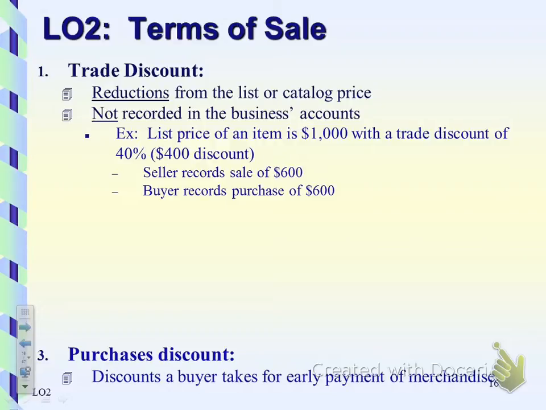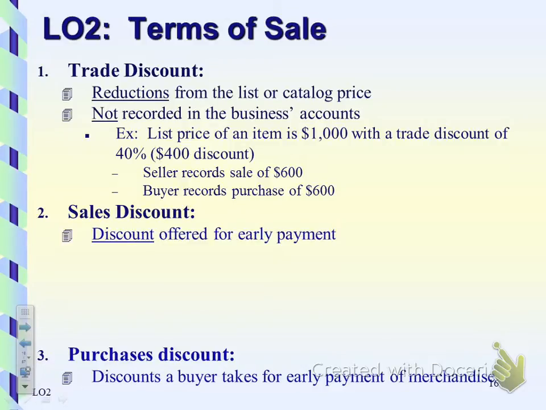Now, that's different than what we call a sales discount. Sales discounts are a discount for paying early. So, once I've negotiated with Puffs to buy my box of tissues at $4 a box, now Puffs may give me even more incentive to pay them quickly.